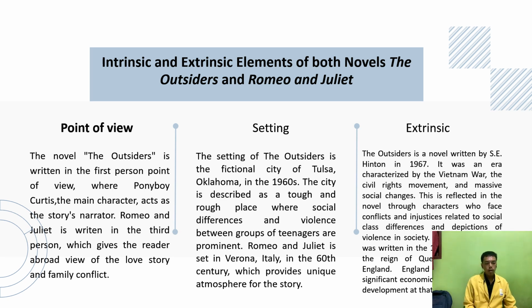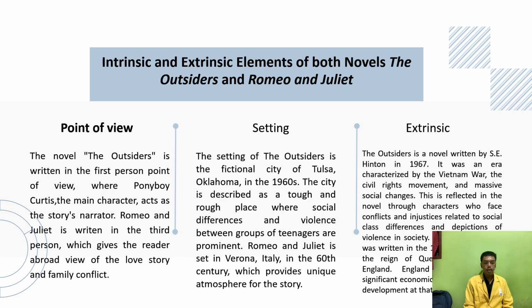The Outsider is written in the first person point of view, where Ponyboy Curtis, the main character, acts as the story's narrator. Romeo and Juliet is written in the third person, which gives the reader a broad view of the love story and family conflict.